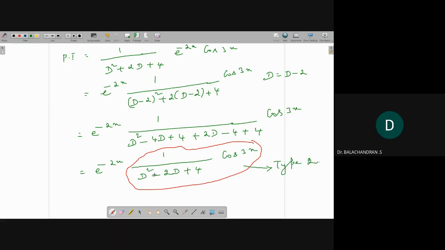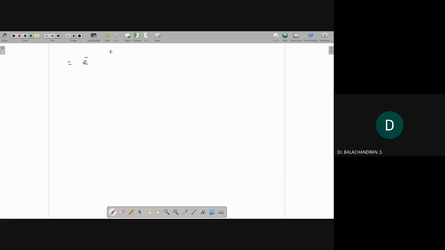So if it is type 4, you can convert it into type 2 or type 3. Replace D^2 by -a^2, that is D^2 by -3^2, which is -9. So e^(-2x) 1 by (-9 - 2D + 4) cos 3x, which is e^(-2x) 1 by (-2D - 5) cos 3x. I take minus common: -e^(-2x) 1 by (2D + 5) cos 3x. Multiply and divide by (2D - 5).